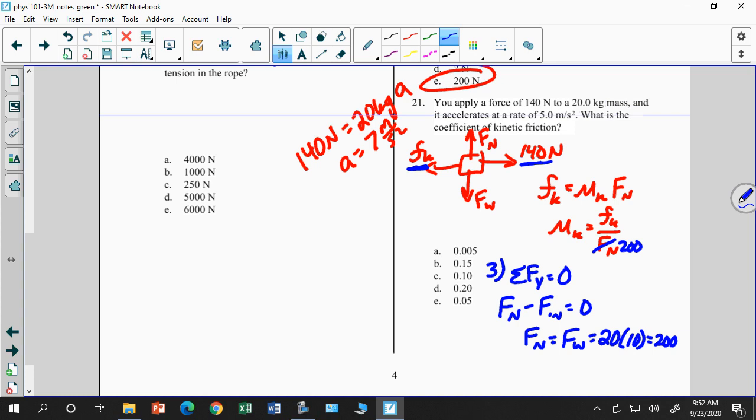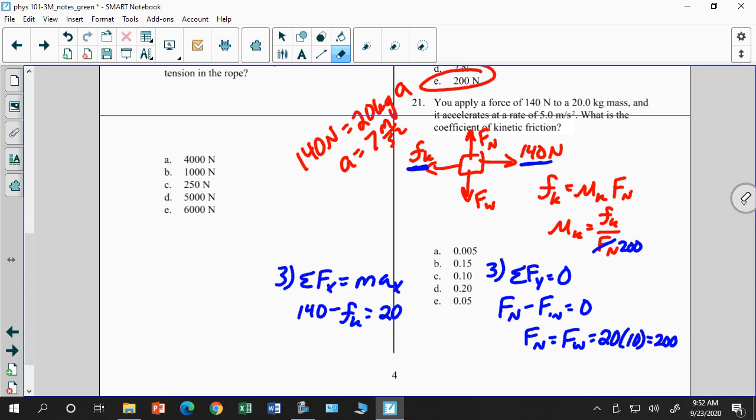In step 3, for this one, I would have to say the sum of the forces in the x direction is equal to max, or 140 minus Fk is equal to 20 times ax, and ax is equal to 5. I'm just going to erase that and put in 5.